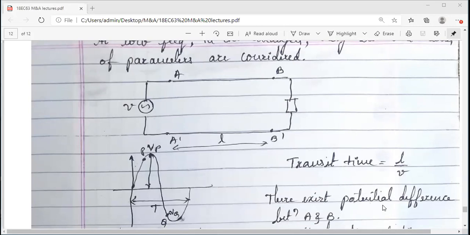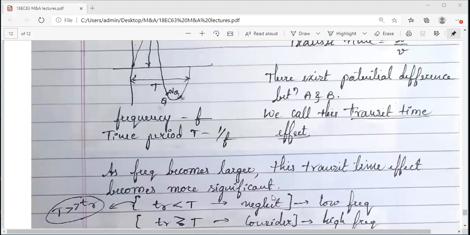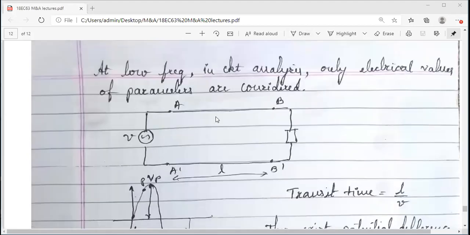We call this the transit time effect. Remember, okay? Now, whatever I'm talking about is for low frequency circuits, which you do in labs, smaller circuits, wherein your frequency value is very small.